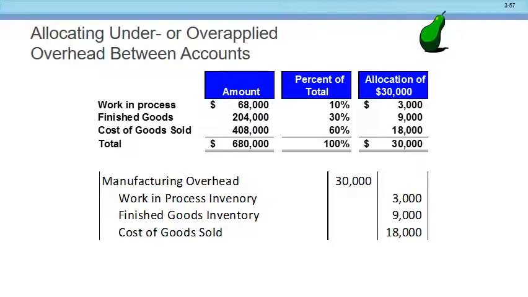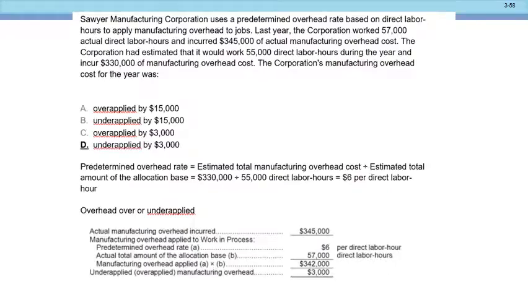Okay, good. So with that, let's go ahead and take a look at a couple of quiz questions for that. And so we're sitting here, and we have this: Sawyer's manufacturer uses a predetermined manufacturing overhead rate based on direct labor hours to apply manufacturing overhead to jobs.